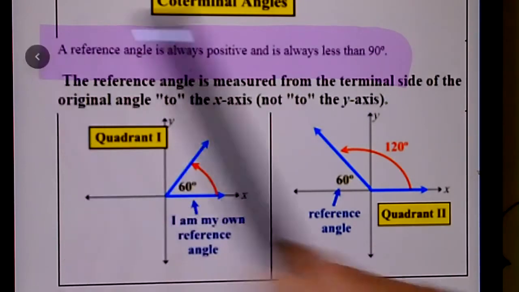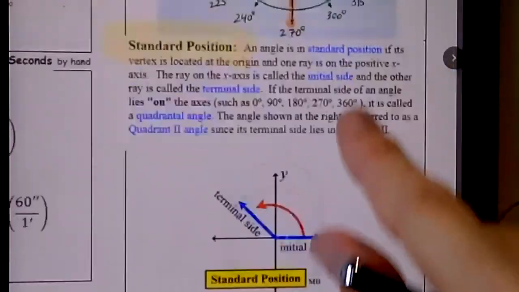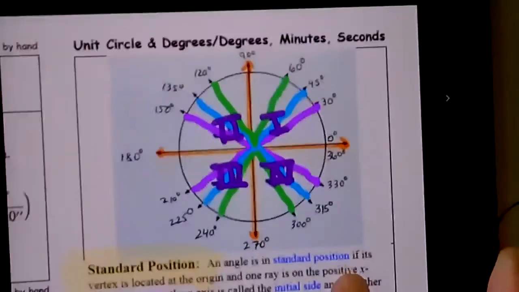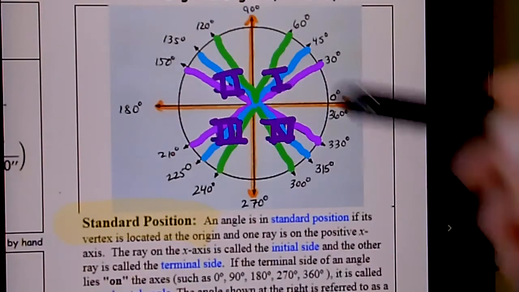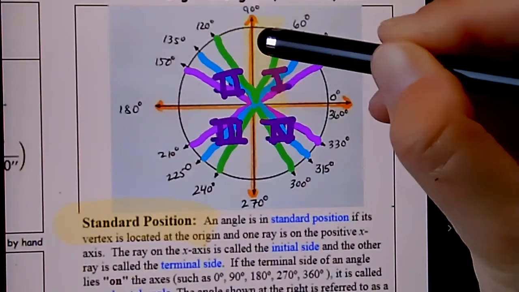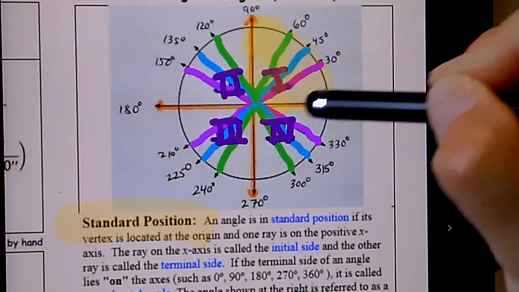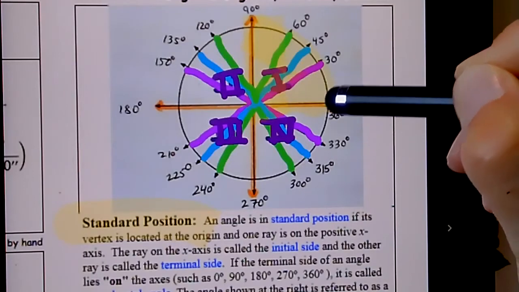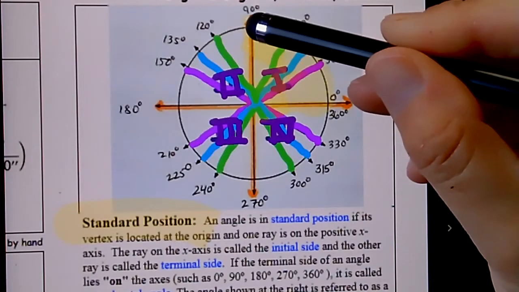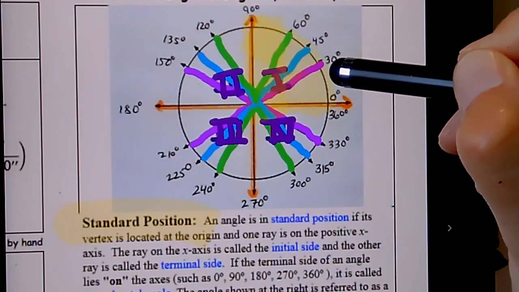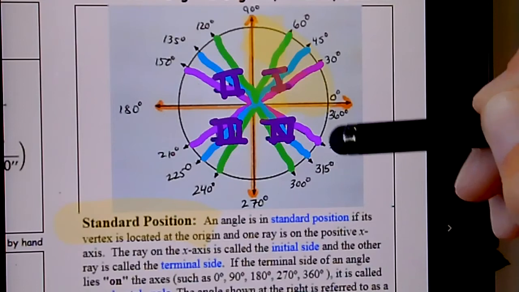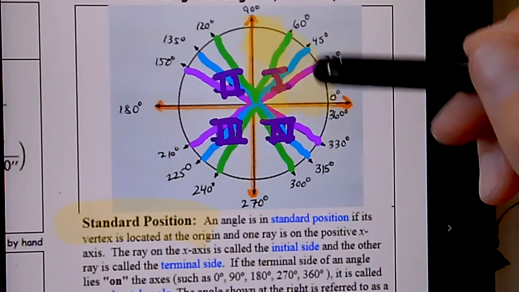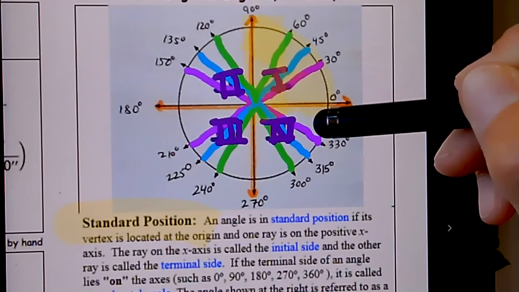So if I go back to this picture here, when we're talking about reference angles, our reference angles will be in this quadrant right here, in between 0 degrees and 90 degrees. So again, 30 would be a reference angle for 150, for 210, for 330. Every single angle that is 30 degrees above or below the x-axis.